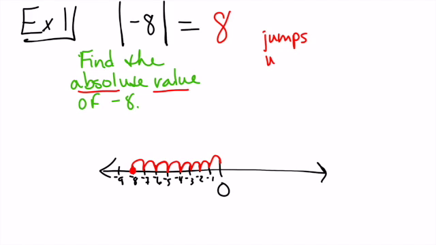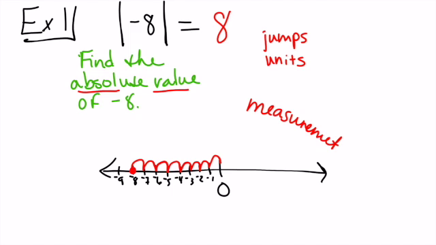You could say 8 units, 8 steps away, 8 jumps away. You can say whatever. It's a measurement. So its absolute value is for sure a measurement. So you need to say how far away it is from 0. So -8 is 8 jumps away from 0.